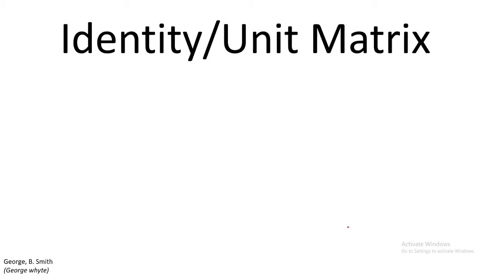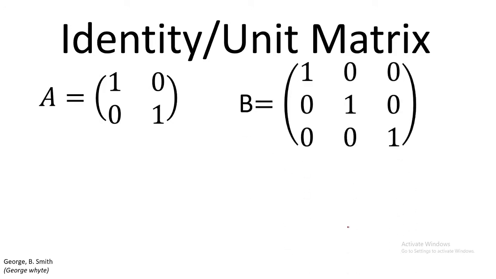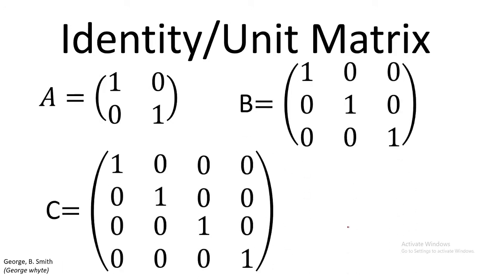Unit matrices are diagonal matrices in which the elements of the principal diagonal are all 1 and every other element is 0. This is an order 2 unit matrix, this is order 3, and this is an order 4 unit matrix. All of these are unit or identity matrices.